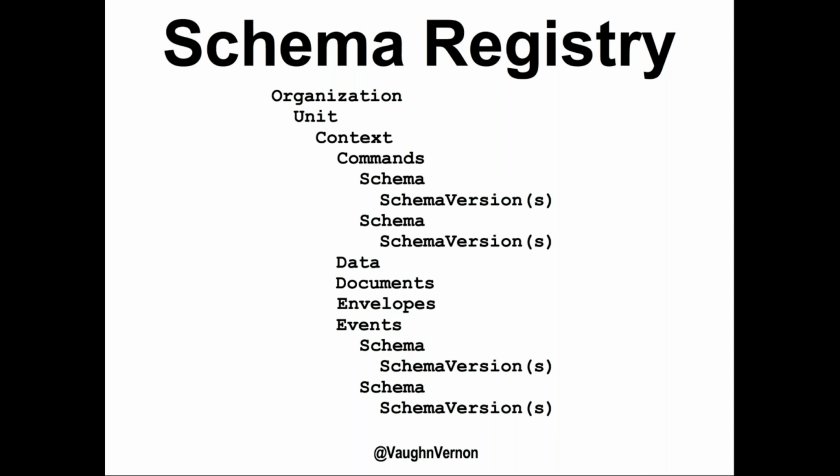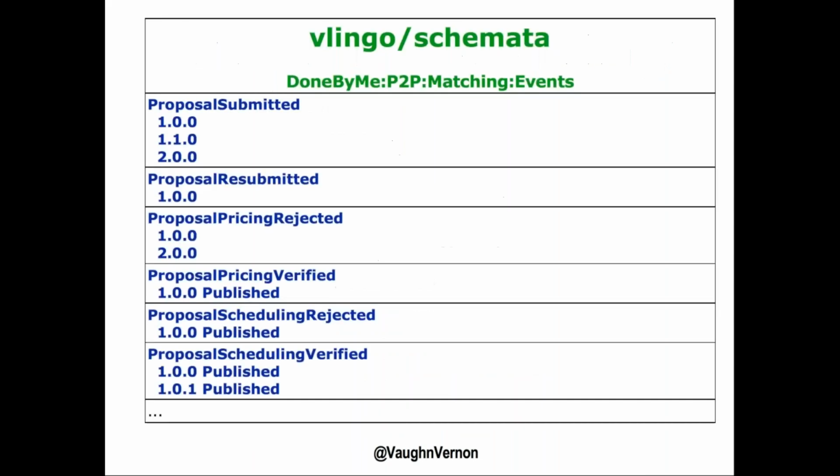Data schemas are basically any kind of abstract data, simply data types that can be included with commands or events, documents, and so forth. Then we support documents, which are generally what is exchanged as query results. And we support events, so schemas for domain events, but also notice that you can even define the envelopes that will go around each of these schema types as they're being passed between contexts.